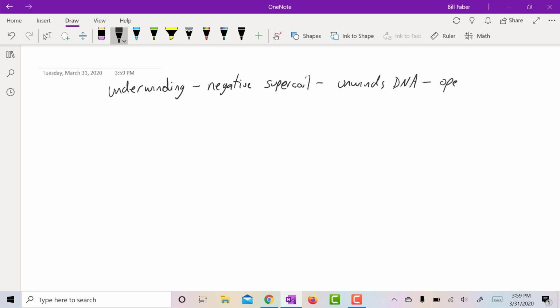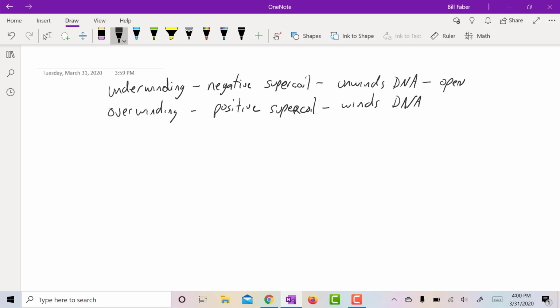And we think about that as really opening the strand. And then there's overwinding. And this is what's called a positive supercoil. And this winds the DNA and kind of tightens it. I don't think of opening it, it kind of tightens it.